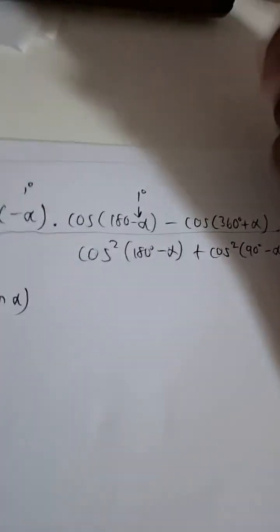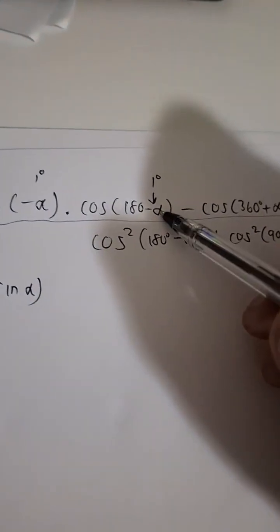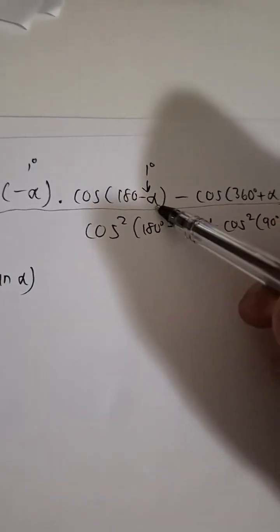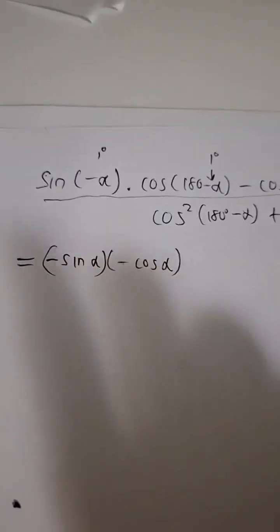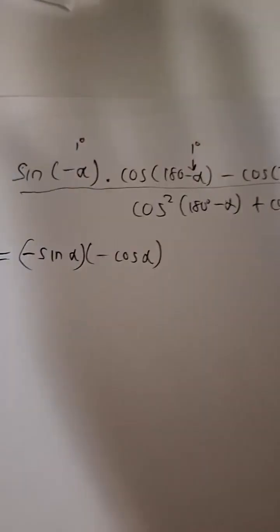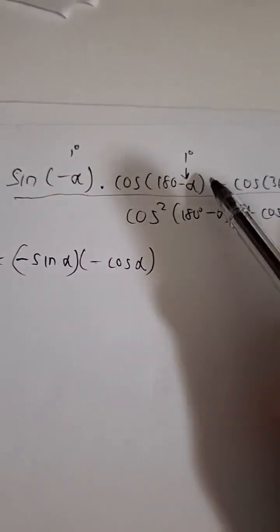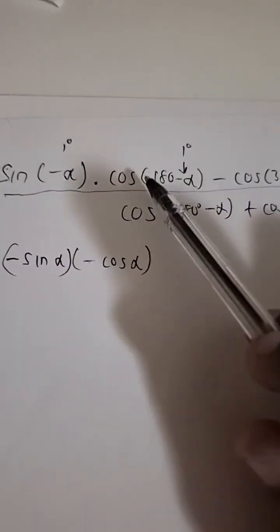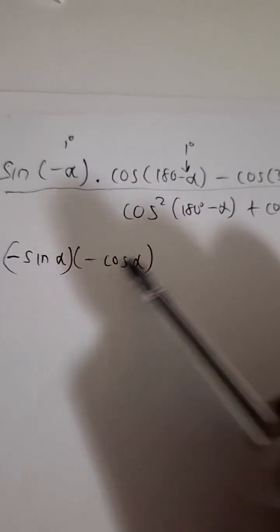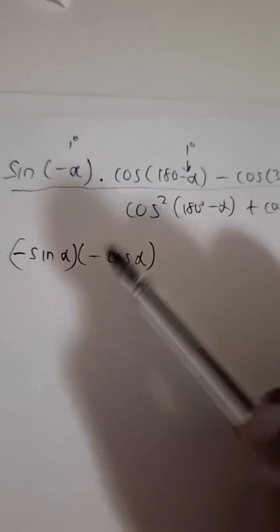But remember, if you don't want to think too much about the quadrants, you substitute 1 degree, put cos of 180 minus 1, so cos of 179, in your calculator, and you get a negative answer. That means cos is negative. The minus sign follows.